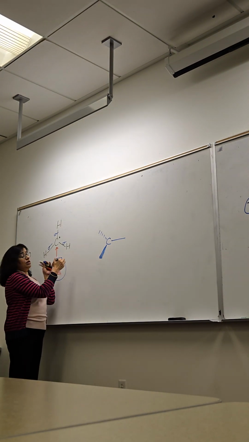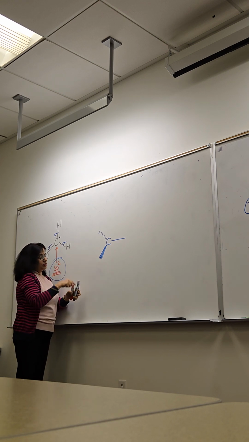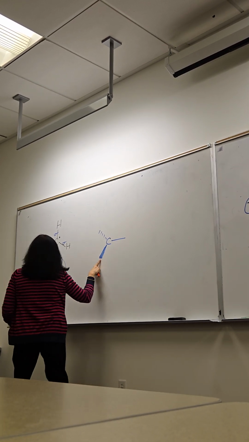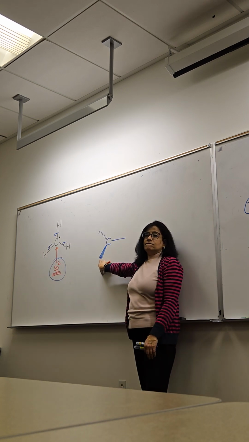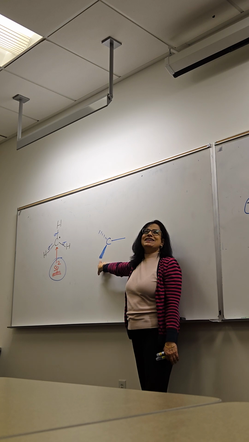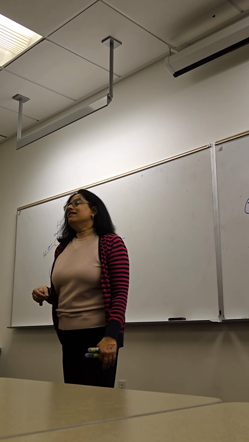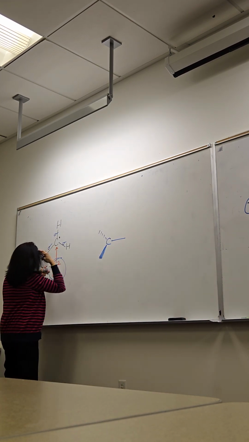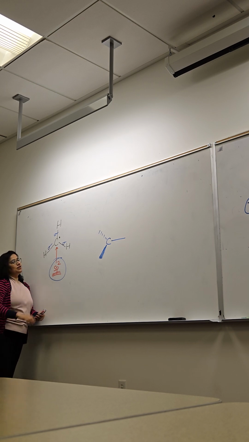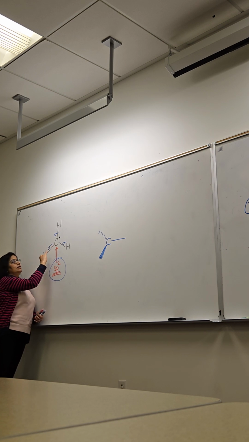In this example, what is this hybrid orbital being used for? Without giving up the answer, because I feel like I'll be giving up the answer here: which orbital on the carbon radical is being used to make the sigma bond pointed right there?